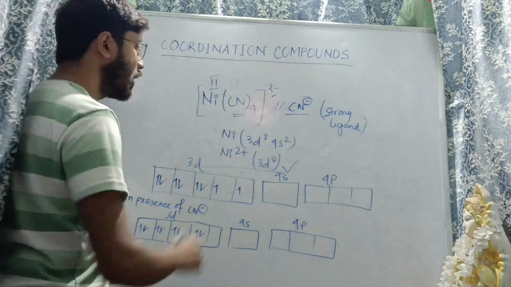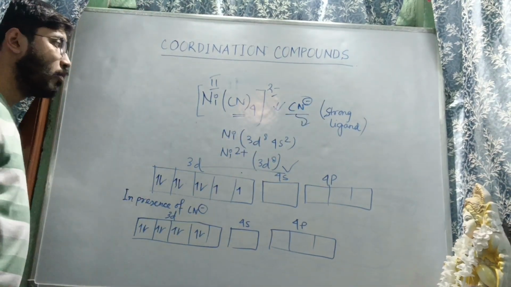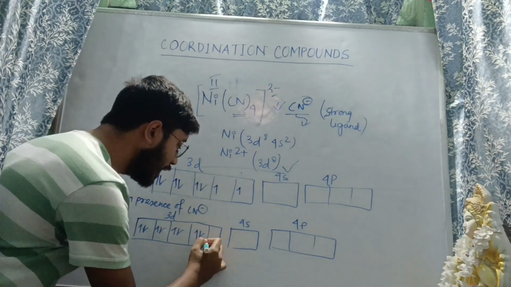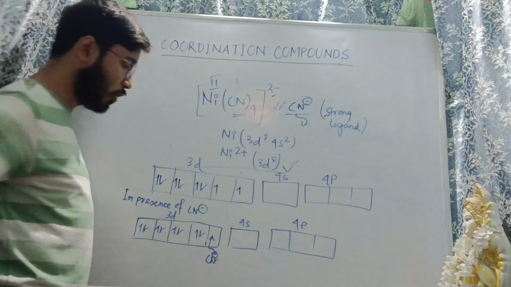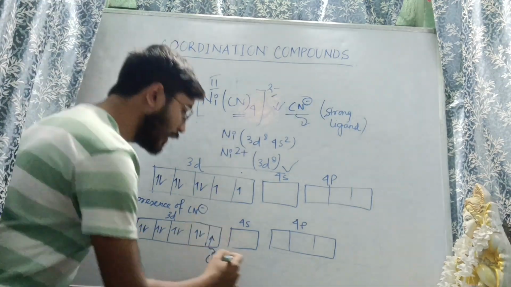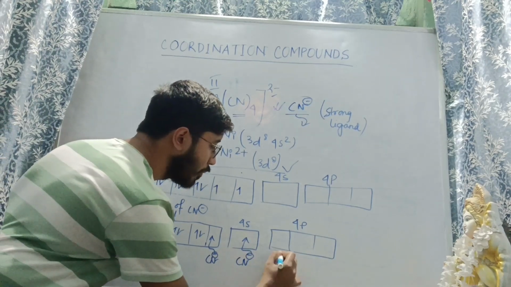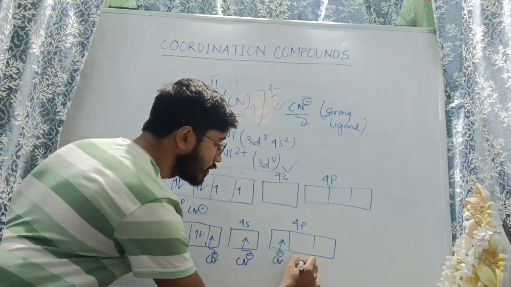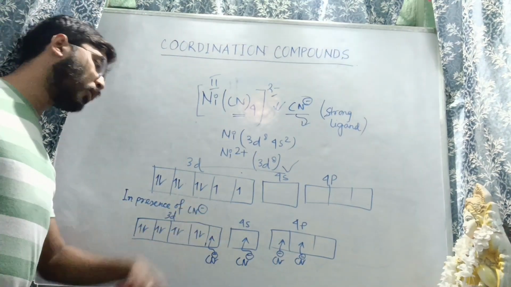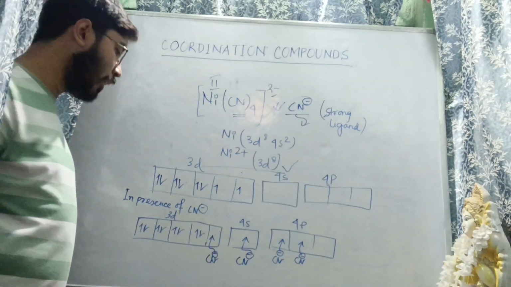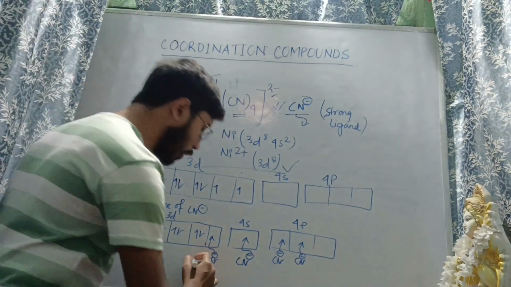So here the cyanide ligand donates its electron to the metal from the inner d shell because one inner d shell is vacant. So one CN- donates in the d shell, and the 4 CN- donate their electrons to the outermost orbitals of the nickel and form the Ni(CN)4 complex.